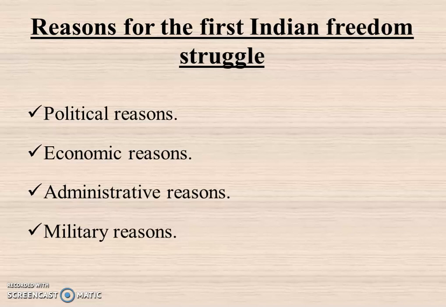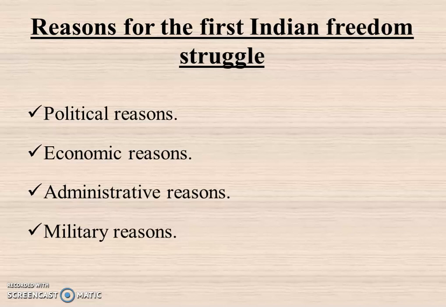The Hindus worship the cow as a sacred animal, and Muslims consider pigs as unholy or unclean animals. The sepoys felt that it was a deliberate move by the British to hurt the sentiments of both Hindu and Muslim soldiers.